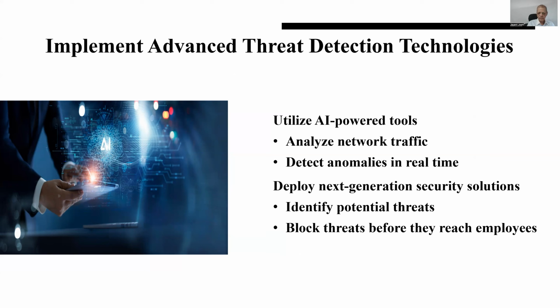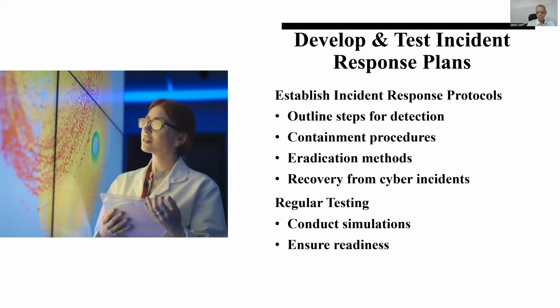And then you have to deploy next-generation solutions, which take into consideration the new potential threats coming up, and which should block those threats before they reach either your network or the employees.